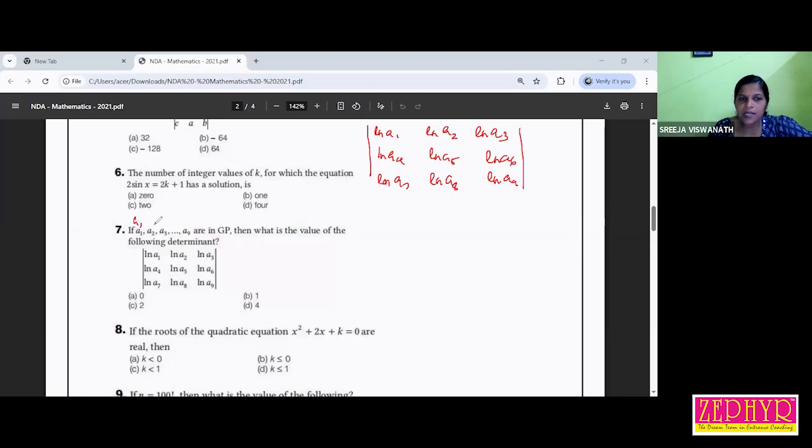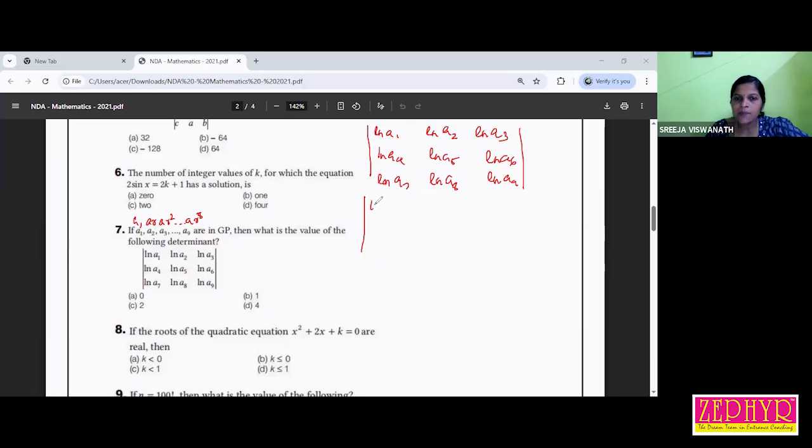That means the first term is A. A2 can be written as AR. A3 can be written as AR square. And up to A9, AR raised to 8. So you can replace A1, A2, etc., A9 with the common ratio terms.